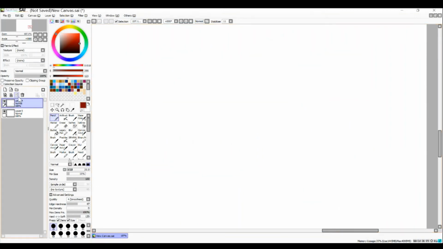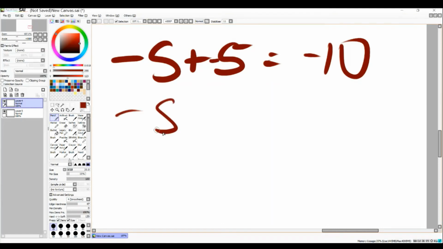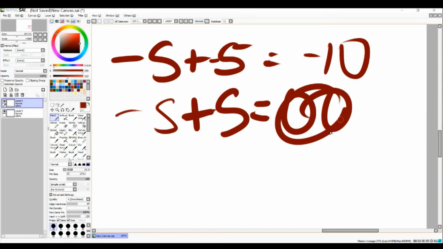But if you did negative 5 plus negative 5, you're going to get negative 10. Easy. But negative 5, positive 5, 0. You can't get anything but a 0.